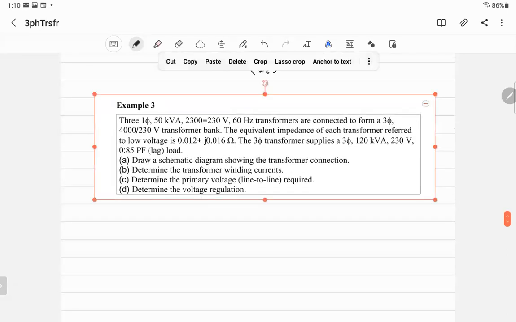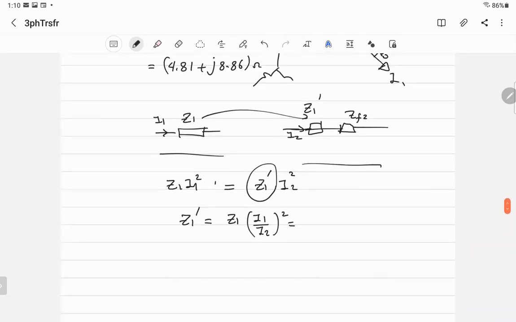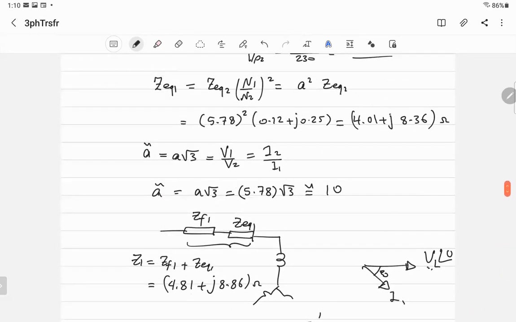Now, what is I1 over I2, the line current ratio? Let me go to the turns ratio of the three-phase transformer.